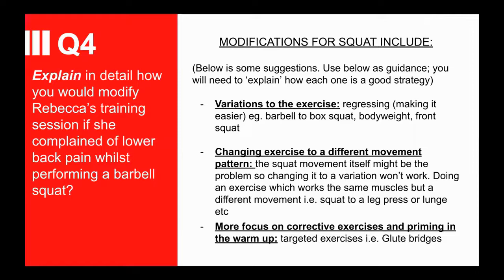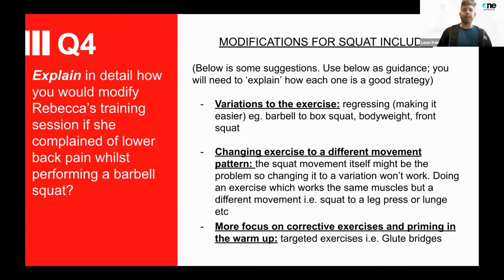If the pain is still there, then we want to change the exercise altogether to really take load off their lower back, but we still want to work those muscle groups that we're working with a squat, which are our glutes, our hammies, our quads.